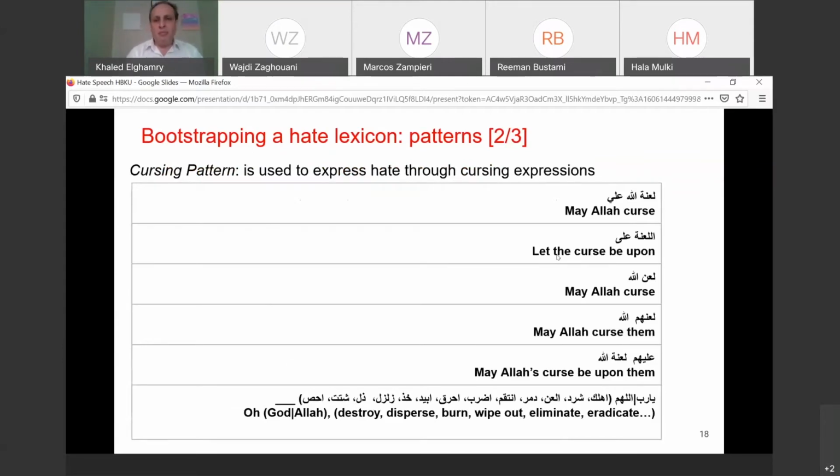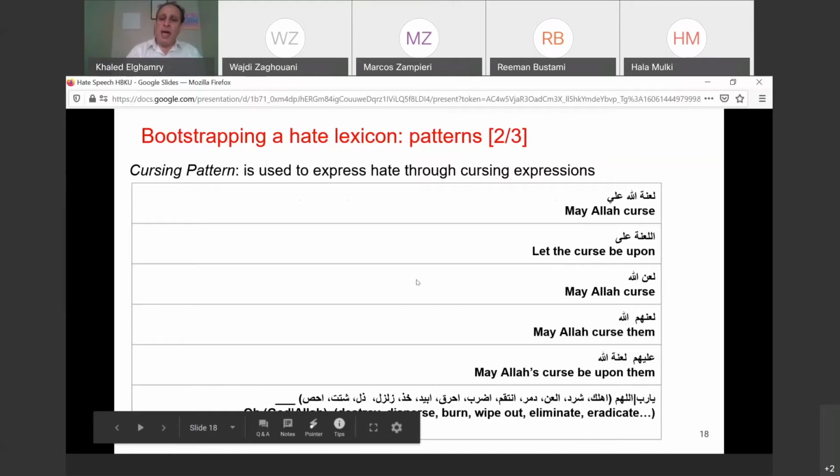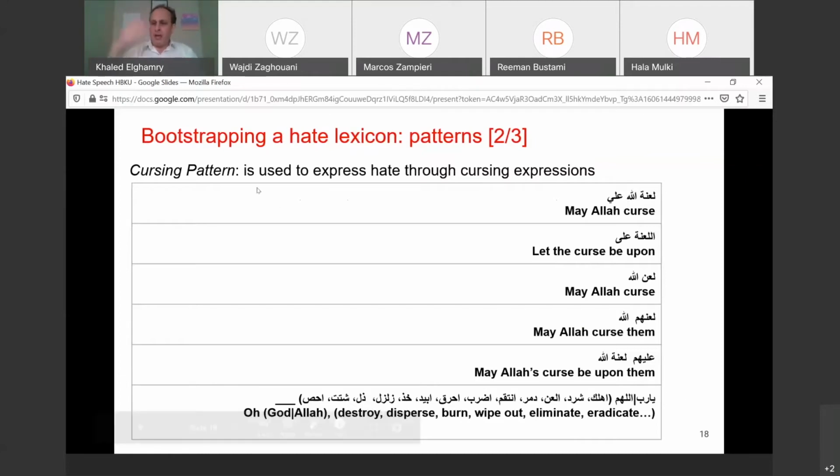This pattern can be realized in different forms: La'natullahi ala, may Allah curse someone, La'na ala followed by the target, or La'na Allah followed by the target, or La'nahumullah after the target, or alayhim la'natullah after the target, or the more productive one, Ya Rab or Allahumma, followed by a word that expresses destruction, dispersion, burning, wiping out, elimination, or eradication. So this is the second pattern, which uses one of the cursing patterns to express hate against the target.